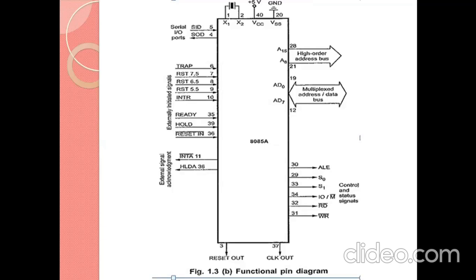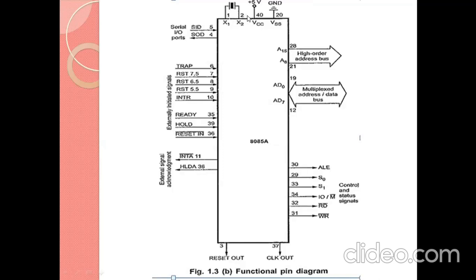What is meant by function? Each of these pins, for example pin numbers 31, 11 and 36, is used for only one type of function, that is the acknowledgement function. Next, pin numbers 4 and 5 are used only for serial communication.